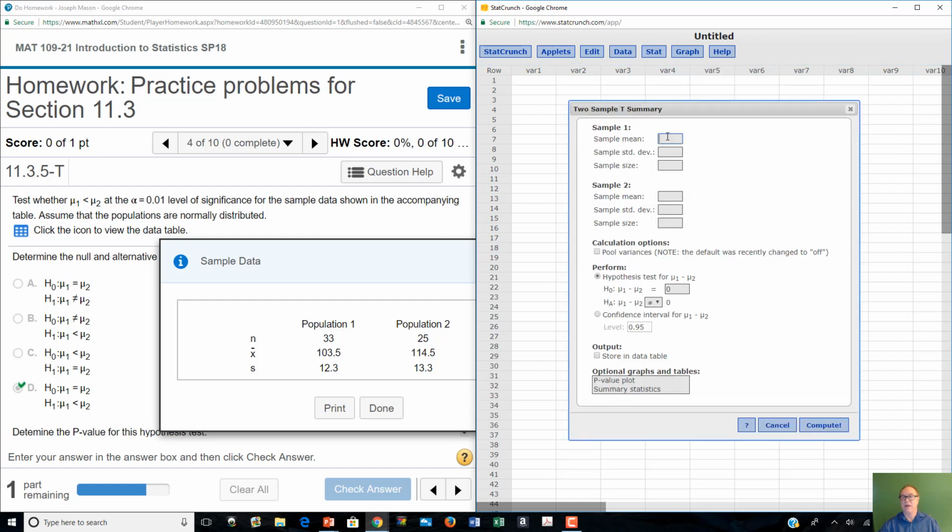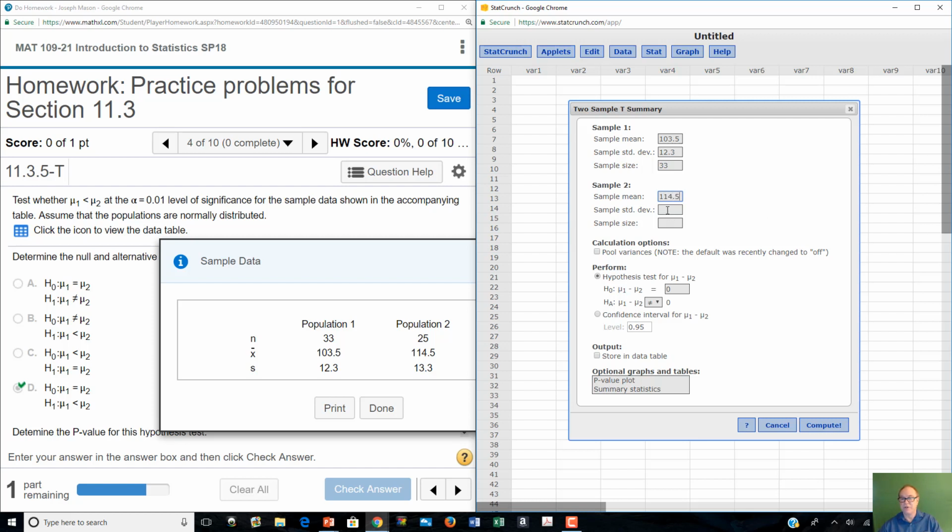Now sample 1 has a mean of 103.5. Be careful, these aren't always given in the right order. Standard deviation 12.3, and the sample size was 33. Now, the sample mean was 114.5 in the second one.